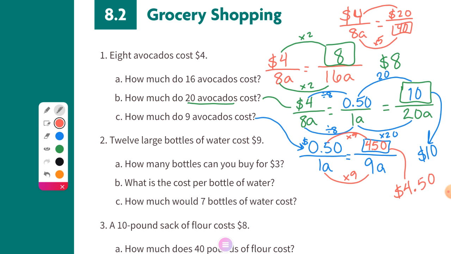Look at page 66. On number 1 and 2, what do they have drawn? Double number lines. We could easily add the unit price above it. On 1 and 2, use the double number lines because they give them to us. Okay? On 3, 4, and 5, do they draw out double number lines for us?